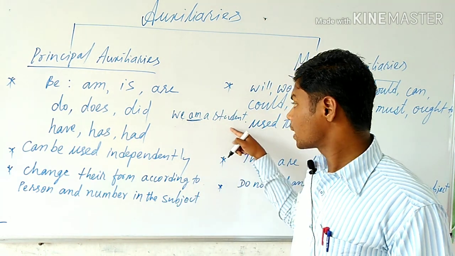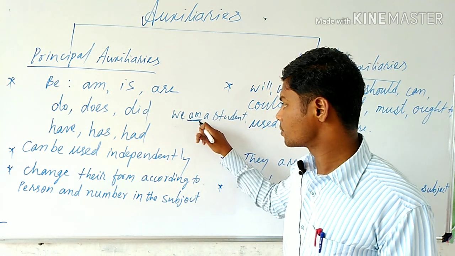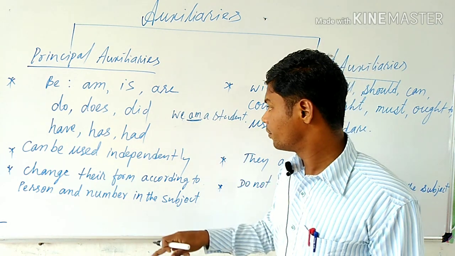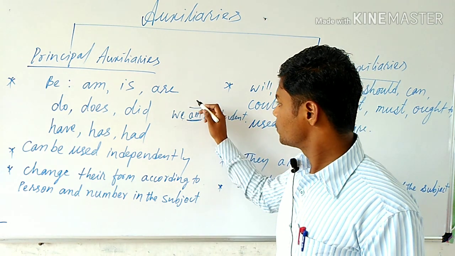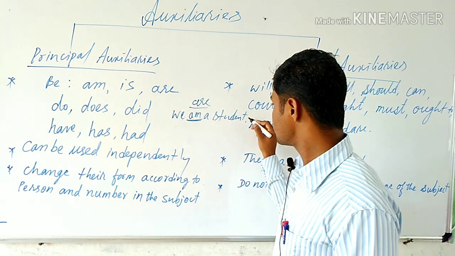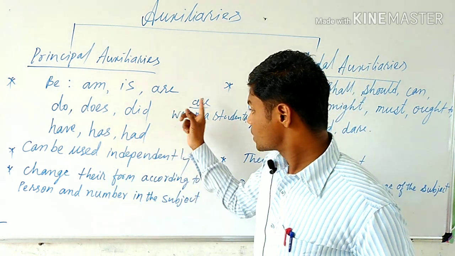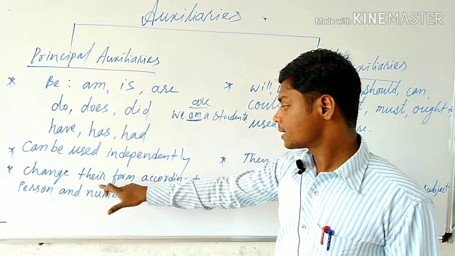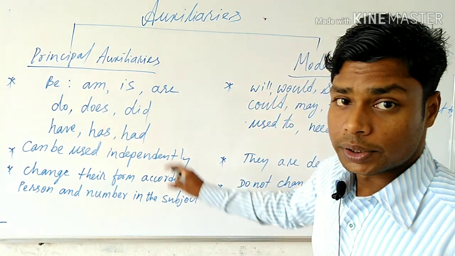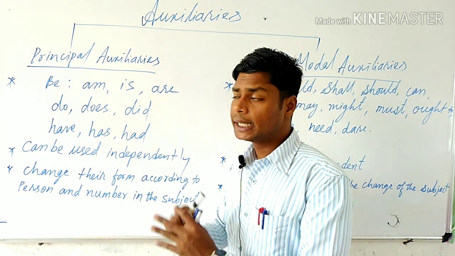Therefore, in order to form a correct sentence, we need to change the verb as well. So am is a singular verb. Therefore, we cannot use am with we. Therefore, we have to use we are students. Now clear? So now it is qualifying the second rule. It changes its form according to the person and the number in the subject. So that is called a principal auxiliary, because they are used independently in the sentence.